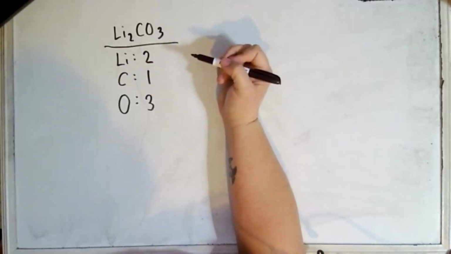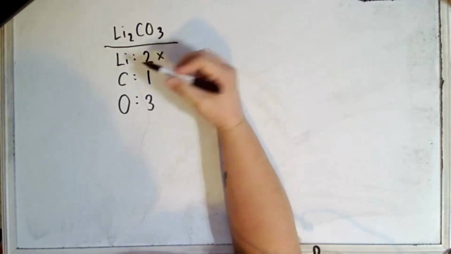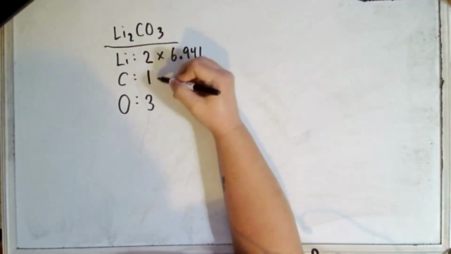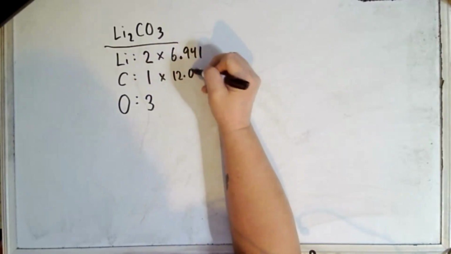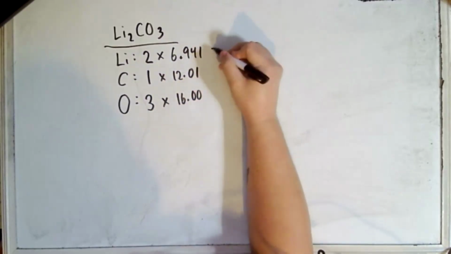Now I'm going to go to my periodic table. I'm going to find the molar mass for each element. So for lithium, it's 6.941. For carbon, it's 12.01. And for oxygen, it's 16.00.